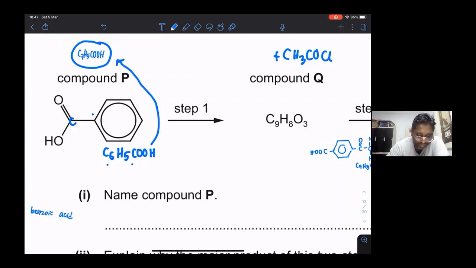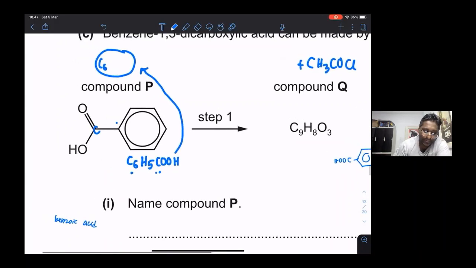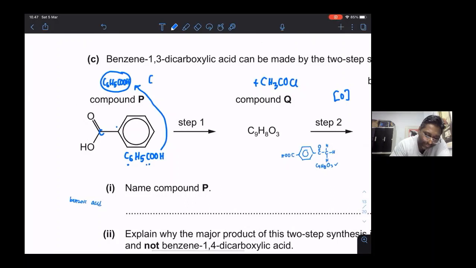So I can rewrite this into C7H6O2, or simplify it as C6H5COOH.